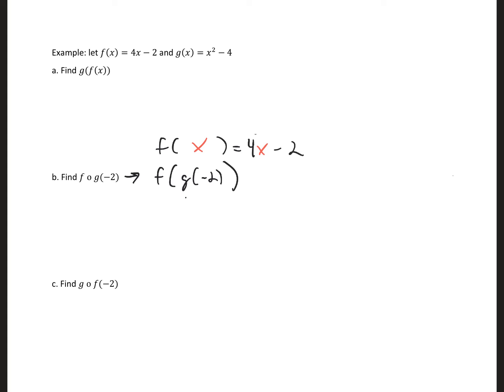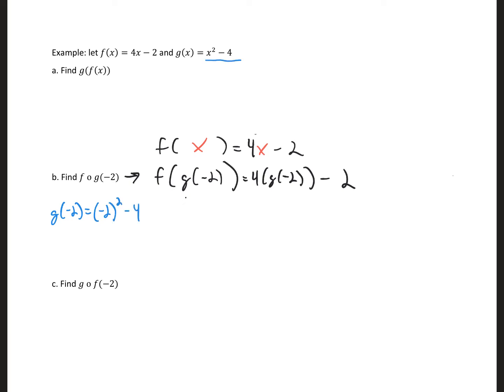So I want to replace that x with a g of negative 2. This is really 4 times g of negative 2 minus 2. G of negative 2 is a value. We can find g of negative 2 by plugging negative 2 into the g of x function. G of negative 2 would be negative 2 squared minus 4.